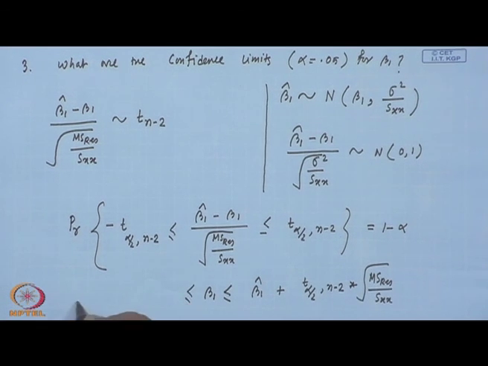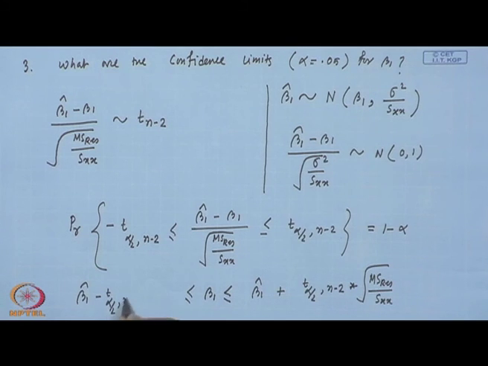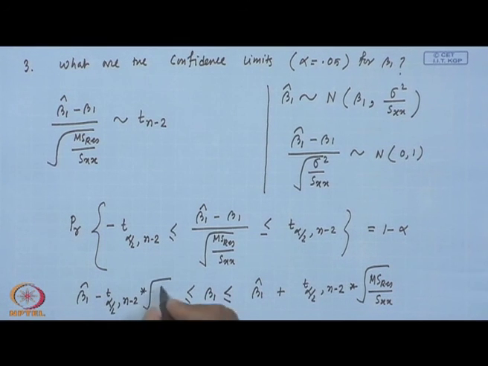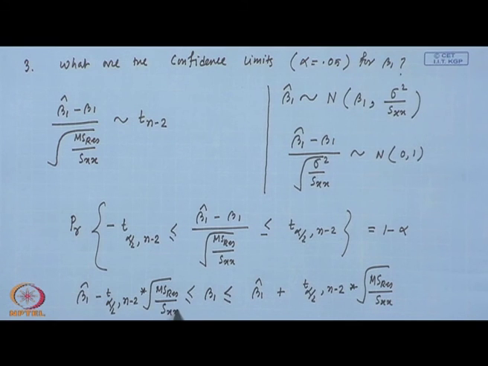And here, beta 1 hat minus t alpha by 2, degree of freedom n minus 2, times square root of MS residual by S x x. Again this has probability 1 minus alpha. So, this is the lower limit for beta 1 and this is the upper limit for beta 1.